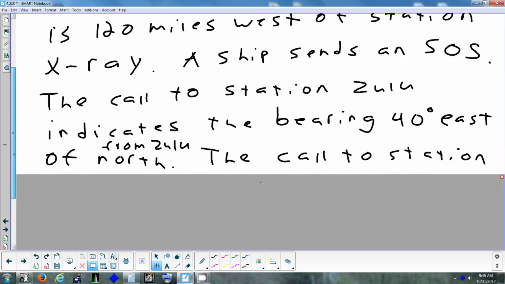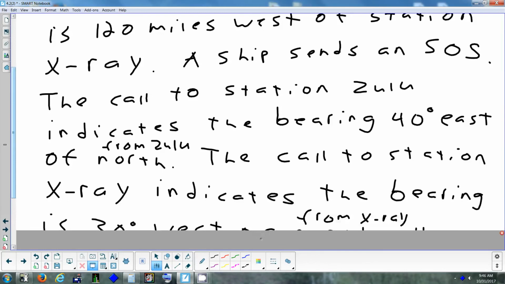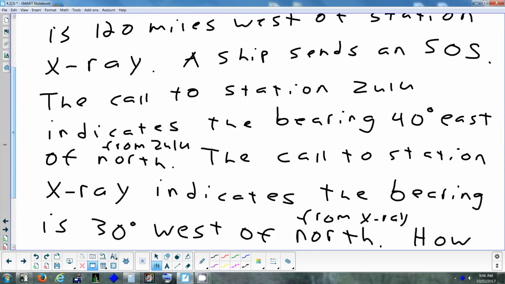Okay, now what makes the whole problem work is the other station also hears the signal, and they can say, well, I heard the signal coming from that way. The other station says, well, I heard it coming from that way. And basically the two signals, or the two bearings, are going to cross. And the call to X-ray indicates the bearing is 30 degrees west of north.